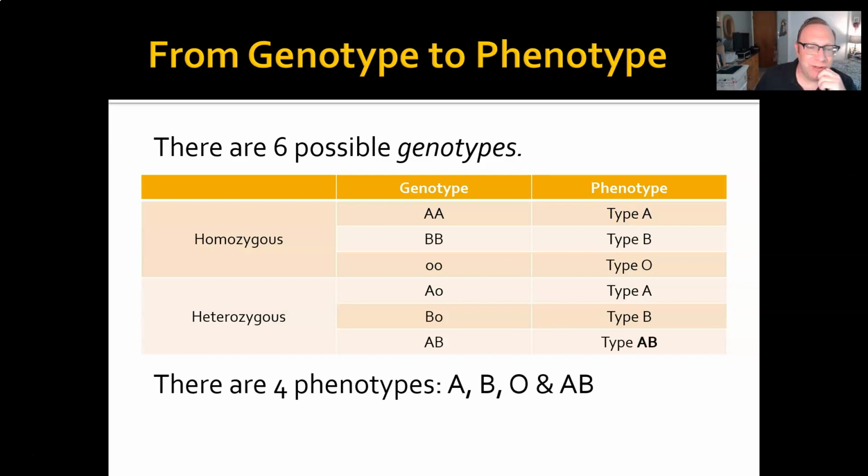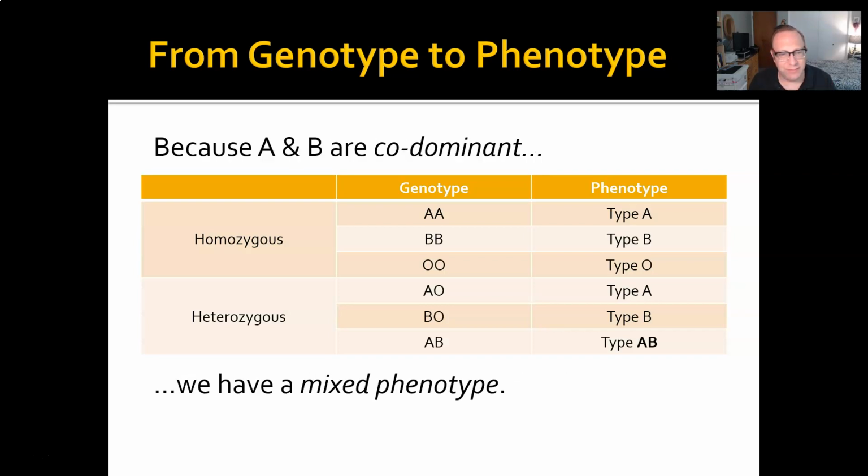They don't cancel each other out. A recessive gene is silenced by a dominant gene, but a dominant gene will continue producing whatever it produces. So that is where you get type AB blood. And therefore, although there are six genotypes, there are only four possible phenotypes in this system. Okay?